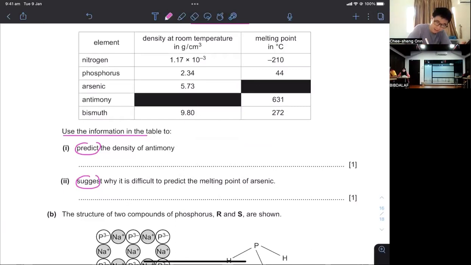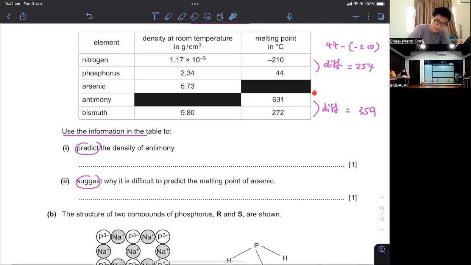Now do your normal thing, find the difference. So the difference there is 44 minus, careful, 44 minus 210. So that gives you around 254. And then the difference here is 631 minus 272 is around 359. And give or take, you can see that 600 to 44, that is around 587.